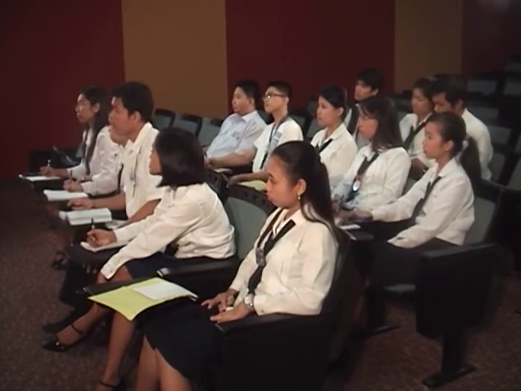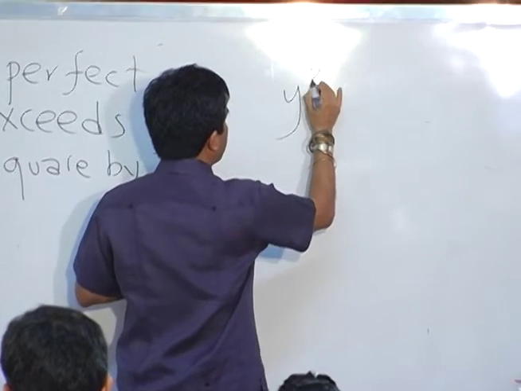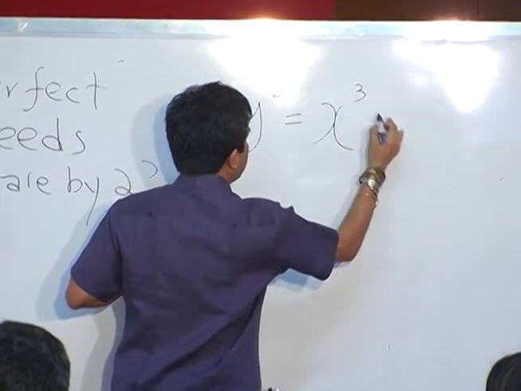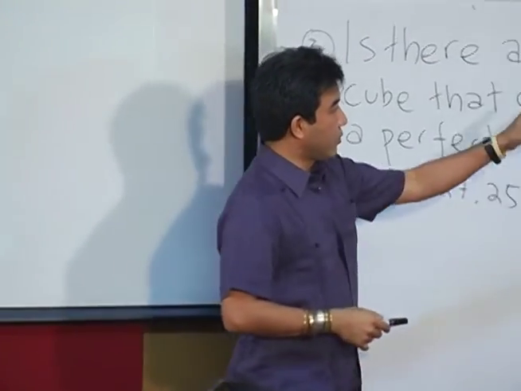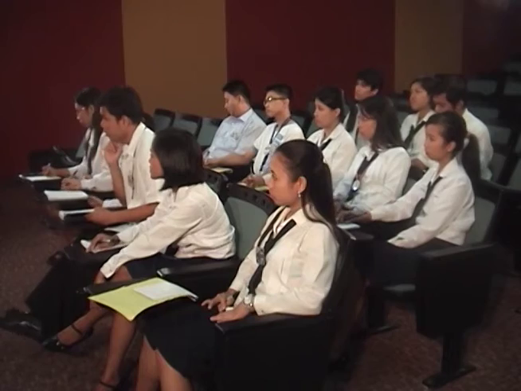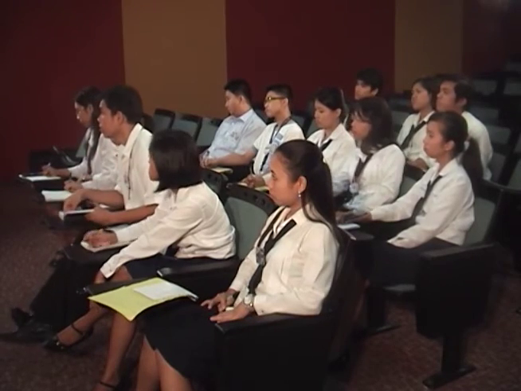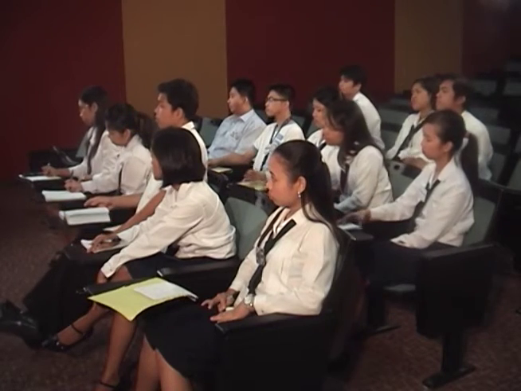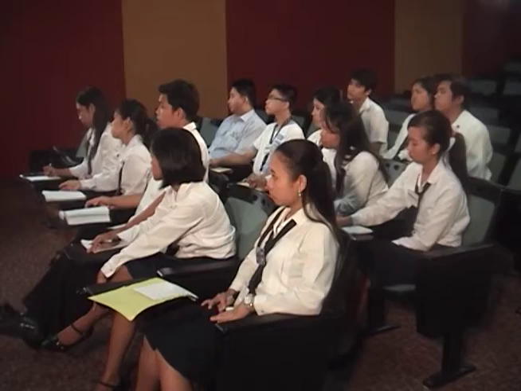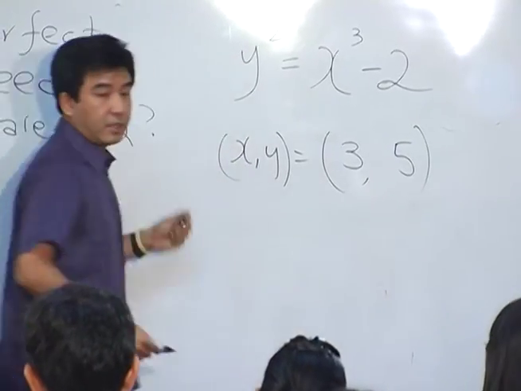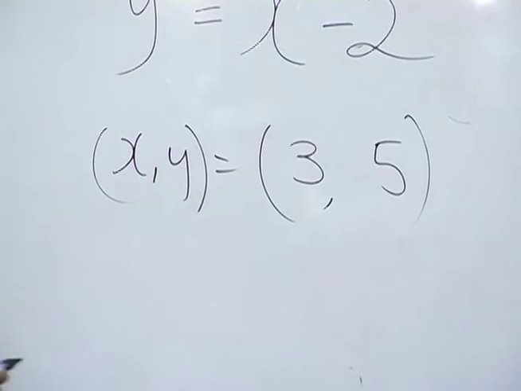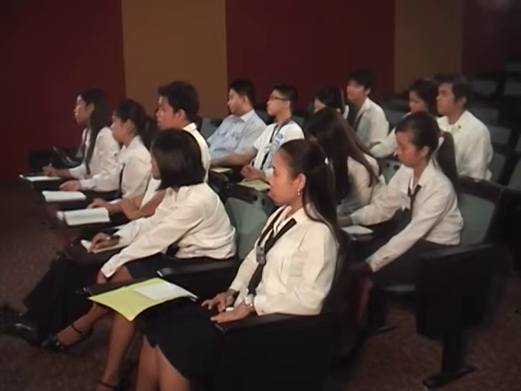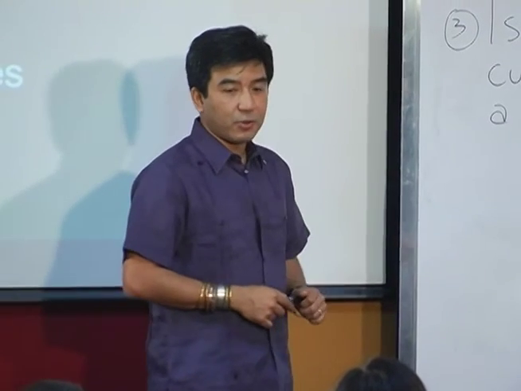With this question, what we want are solutions to y squared is equal to x cubed minus 2. So one possible solution is x is 3, y is 5. Another solution is x is 3, y is negative 5, right? So now we have two solutions. The question, are there other solutions?